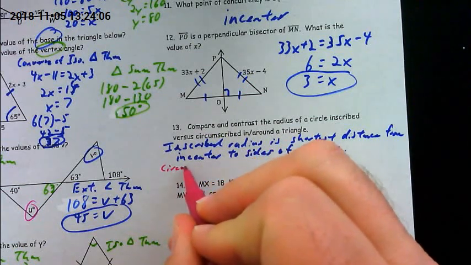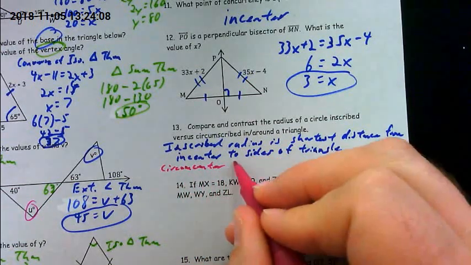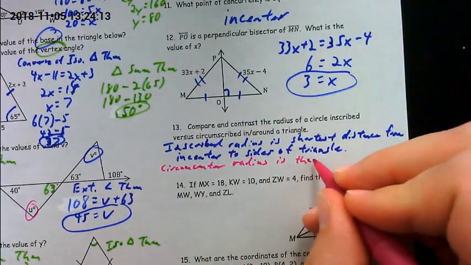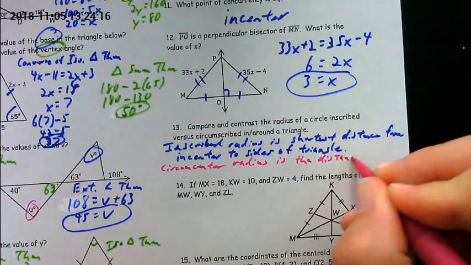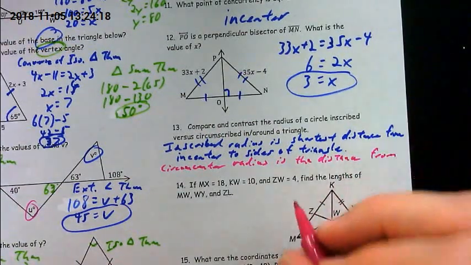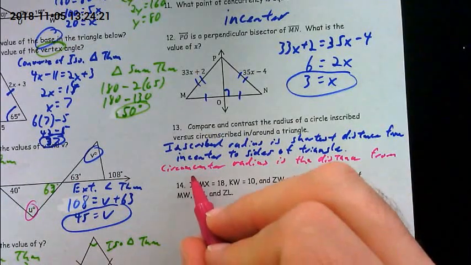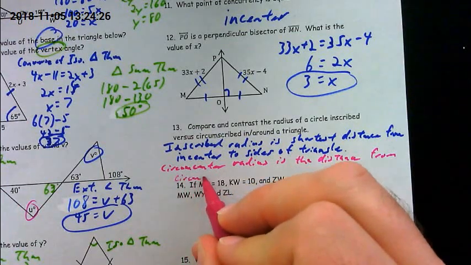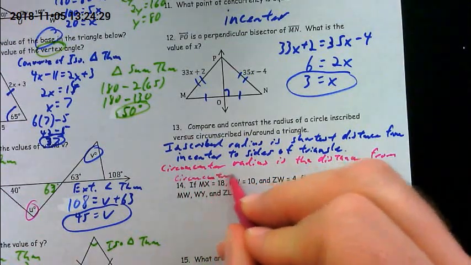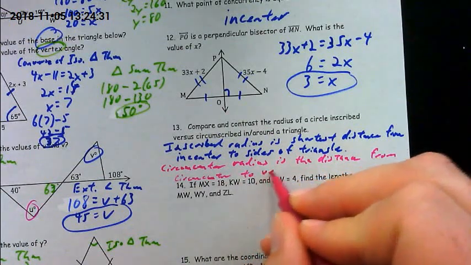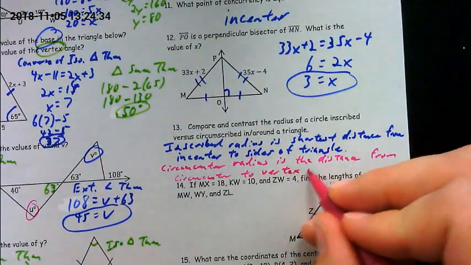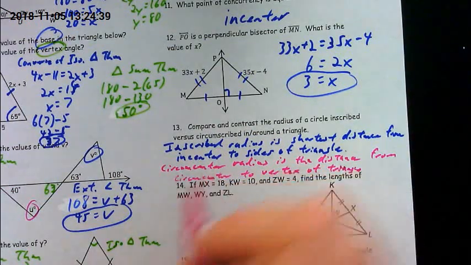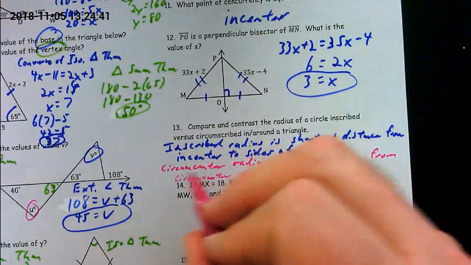The circumcenter radius is the distance from circumcenter to vertex of triangle. Oh, I put circumcenter there first. I should have said the circumscribed radius.